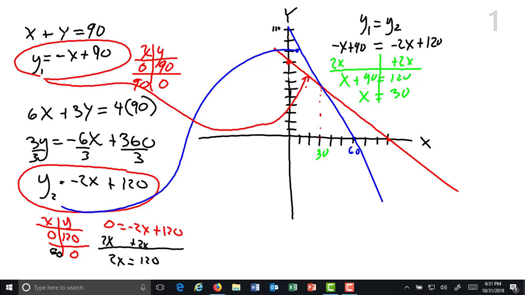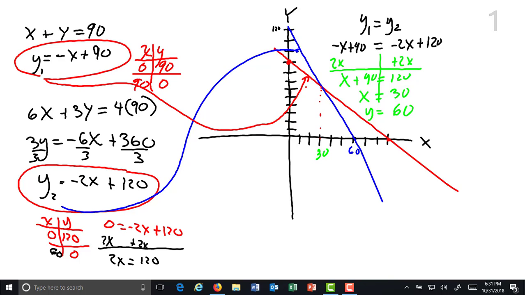But now I take 30, and what is y? So it's minus 30 plus 90.